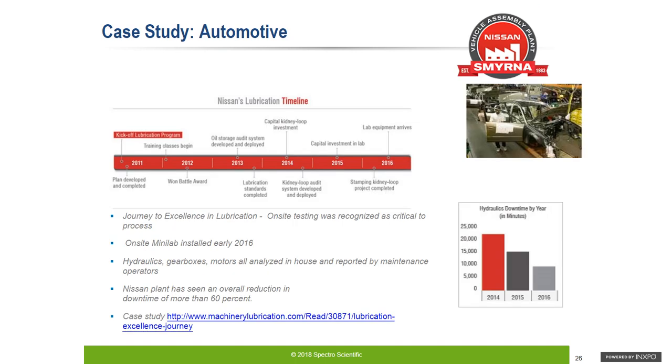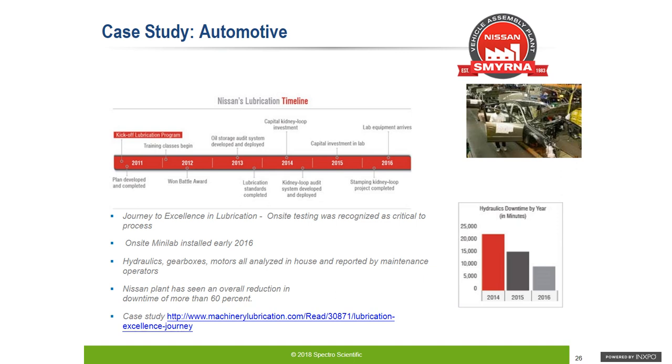They started their lubrication program around 2011, 2012 with an overall training of their mechanics and personnel, got them into good housekeeping practices, and then they used on-site analysis as a measurement tool to measure and manage their success and their various tasks.